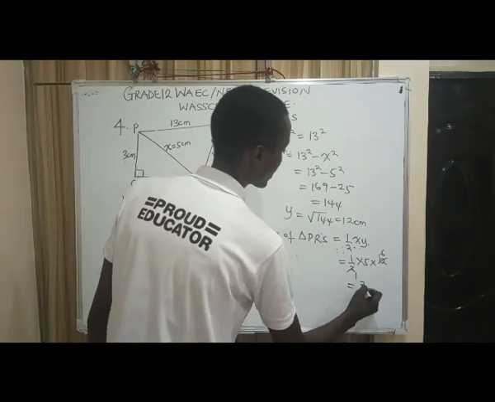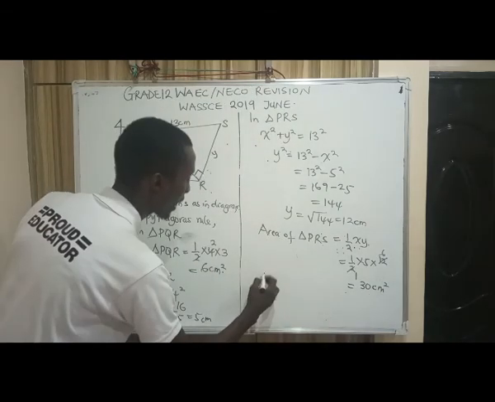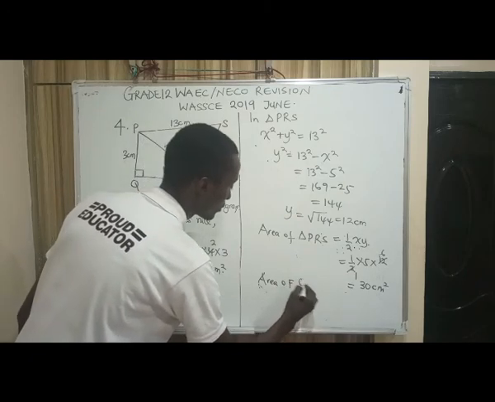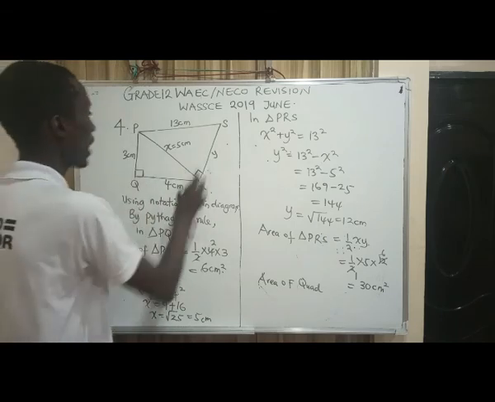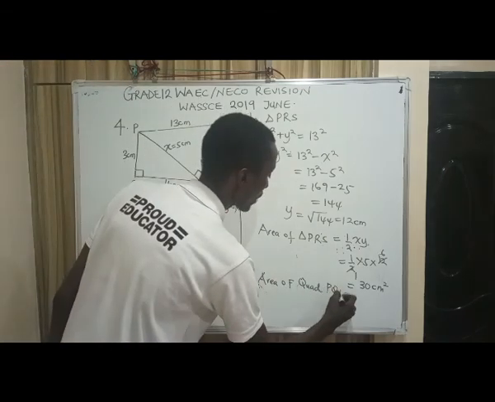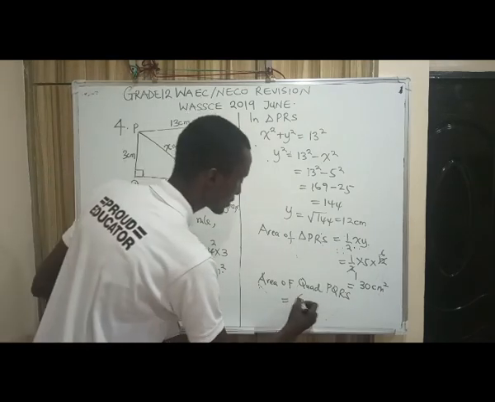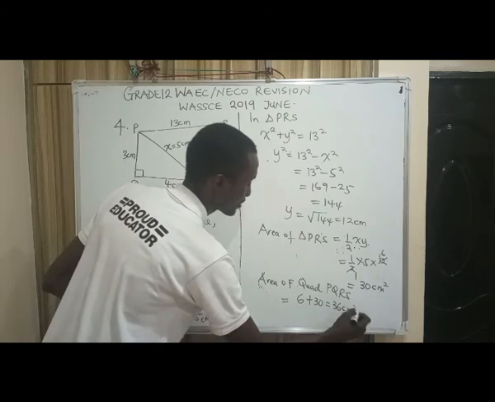So this will be 30 cm squared. So area of quad PQRS will simply be equal to 6 plus 30, that is 36 centimeter squared.